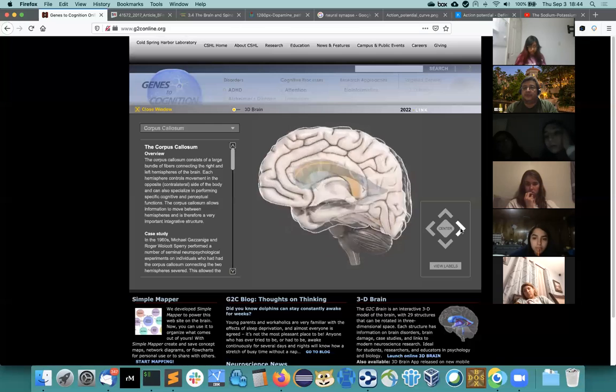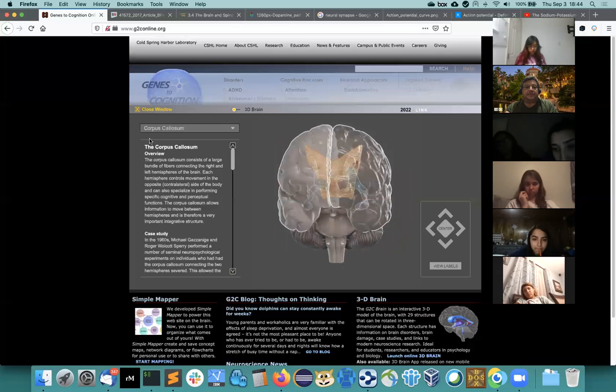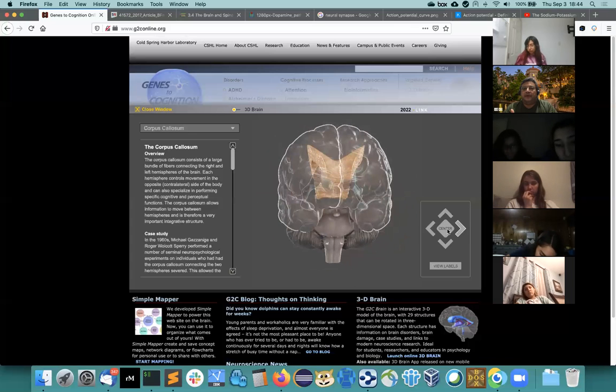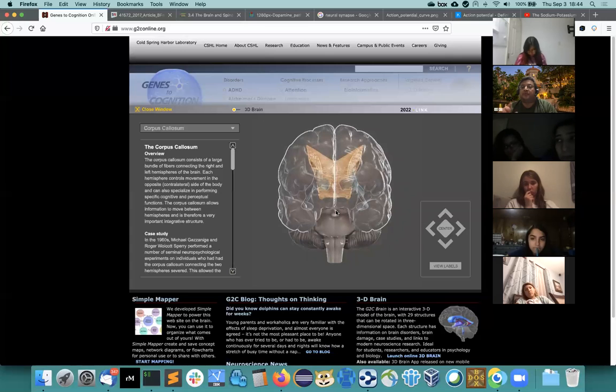Corpus callosum is a Latin term which means big body, and there it is right there. In some cases where a person has a very severe epilepsy that begins on one side of their cortex, either on this side or on this side, one of the things that surgeons will do sometimes, if they can't treat that epilepsy any other way with drugs, is they will actually go in and cut the corpus callosum.